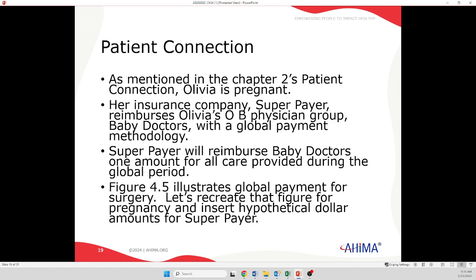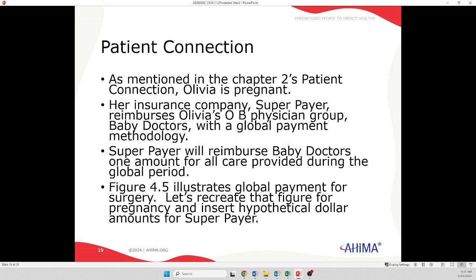So retrospective had 3 different types that fell under it. The 3 different types of retrospective were fee schedule, percentage of the billed, and per diem. So the one that does not is a global payment.